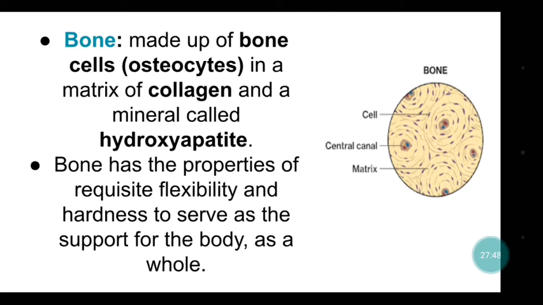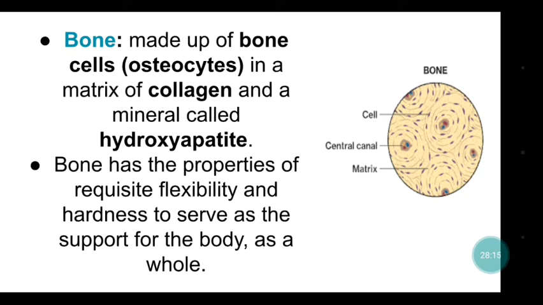So hydroxyapatite, the mineral, along with collagen forms the matrix of bone, and in this matrix are the bone cells. Finally, bone is made up of osteocytes in a matrix of collagen and the mineral hydroxyapatite.